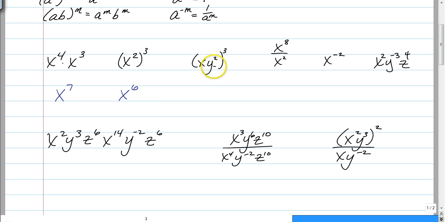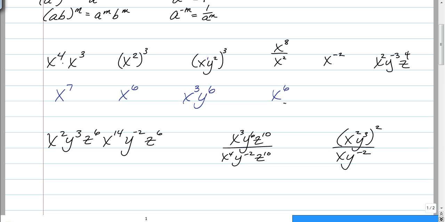And this one is an example of distributing. So we have an x inside and we have a y squared inside. So when we are raising and we're going to distribute it in, 1 times 3 is 3, so this is x to the third power, and 2 times 3 is 6, so this is y to the sixth. So it's distributing inside and a combination of raising a power to another power. Division is subtraction, so 8 minus 2 is 6, so this is x to the sixth.